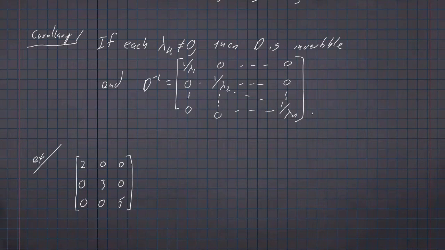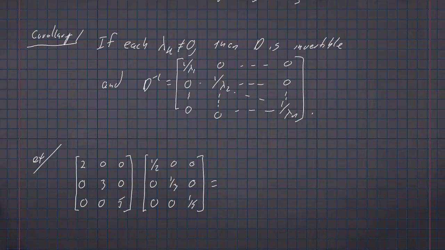2, 0, 0, 0, 3, 0, 0, 0, 5. And let's multiply by the matrix that this corollary predicts will be the inverse matrix: 1 over 2, 0, 0, 0, 1 over 3, 0, 0, 0, 1 over 5.